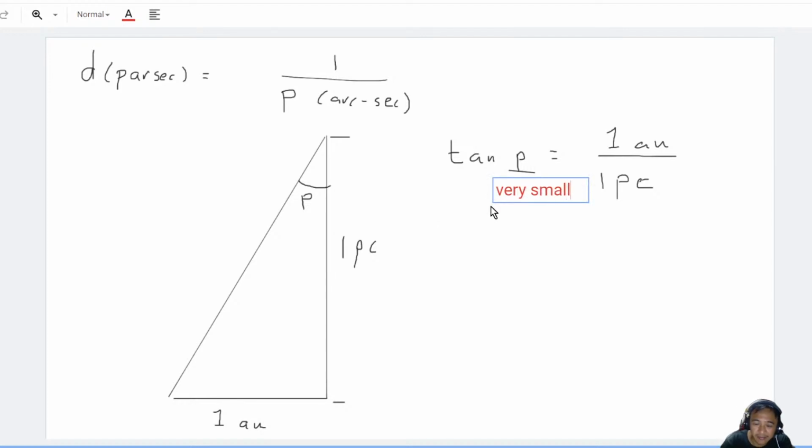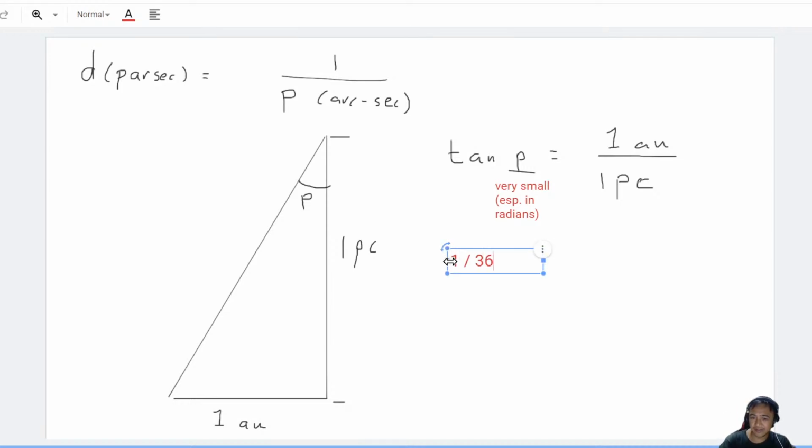Now the thing here is, since this angle is very small, set your calculator in radians. Can you find the tangent of, let's turn it into an actual parsec, what is 1 over 3,600?